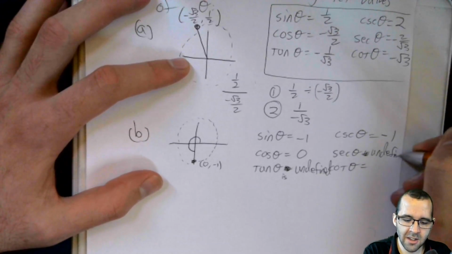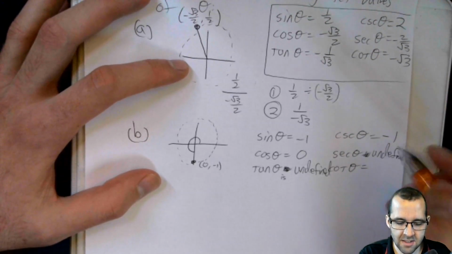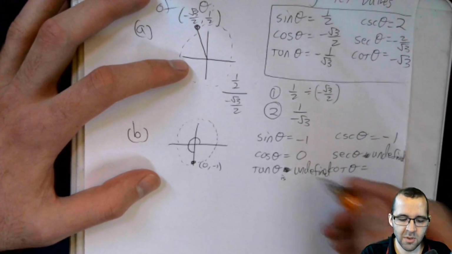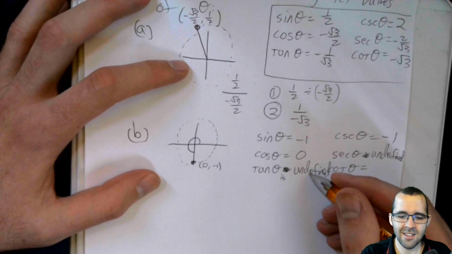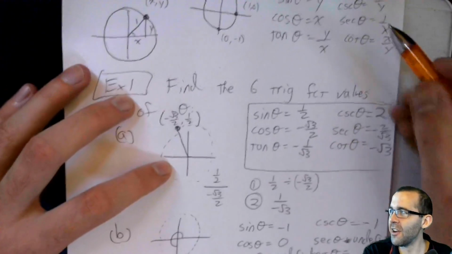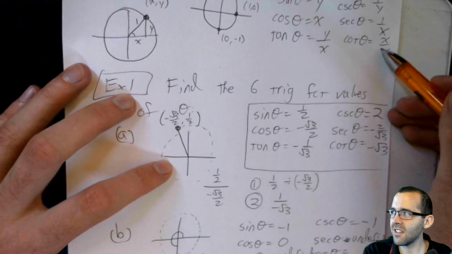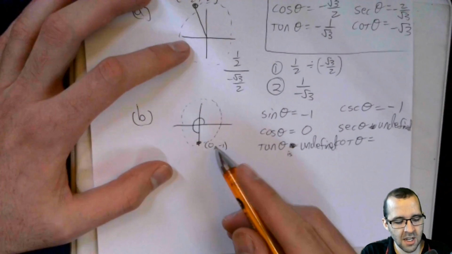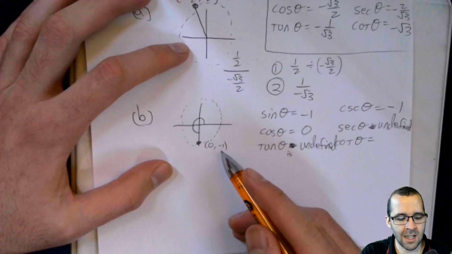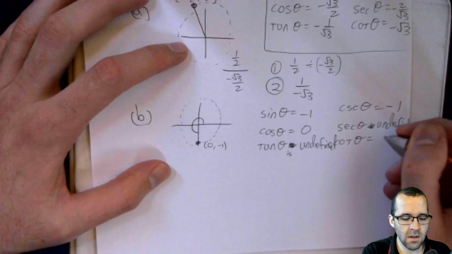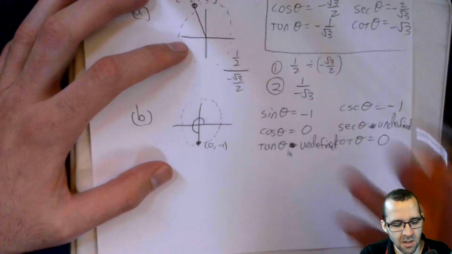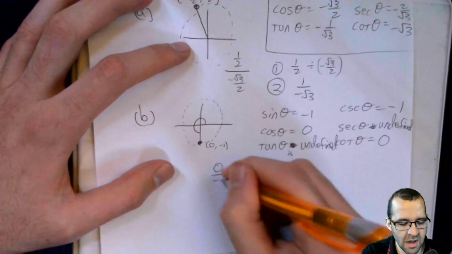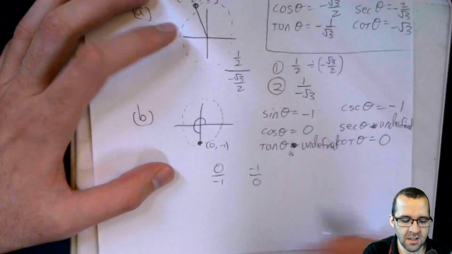So we're coming into some messy business here. And cotangent, reciprocal of undefined. Let's not use that version. To find cotangent, cotangent's x divided by y. So 0 divided by -1, which is 0. A lot of people can get confused between 0 divided by -1 and -1 divided by 0.